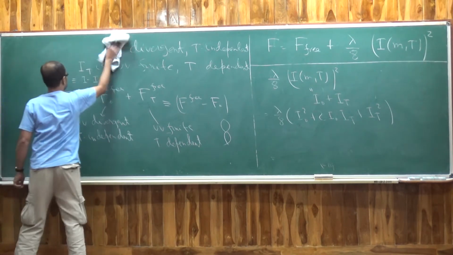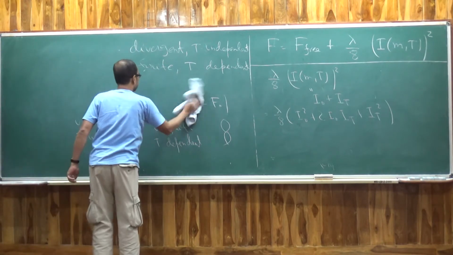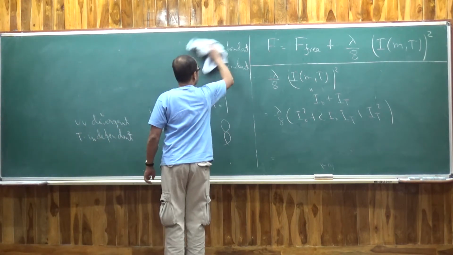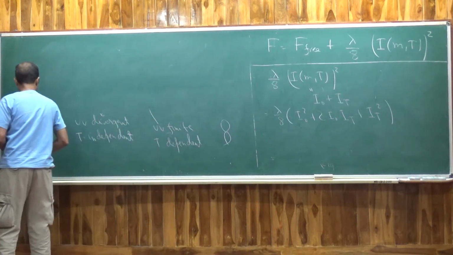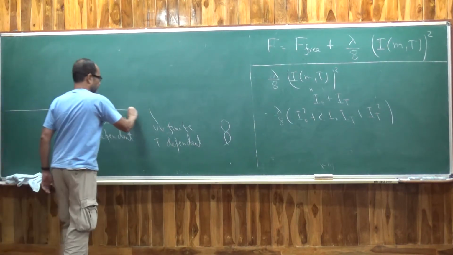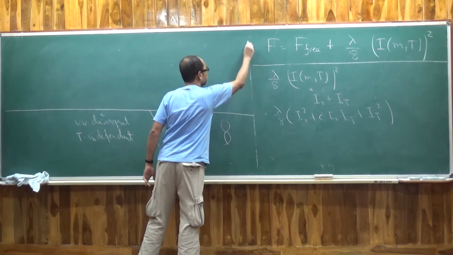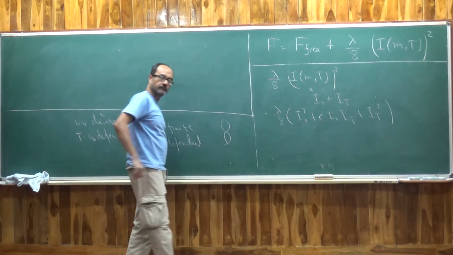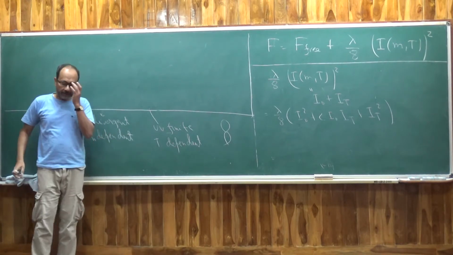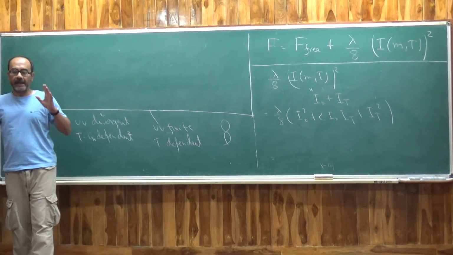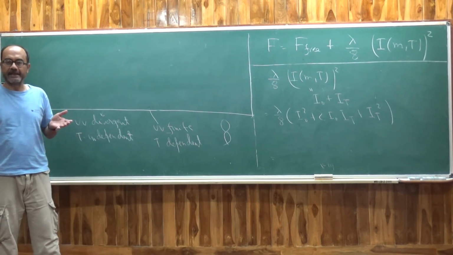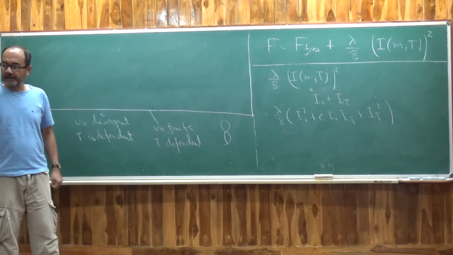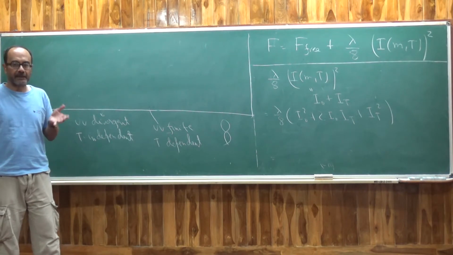Okay, so let's do this. Let's go back to our free energy at order lambda and renormalize. Renormalization means that M is just a parameter. You don't care if a physical quantity expressed in terms of M is divergent, but a physical quantity expressed in terms of physical quantities should be finite.